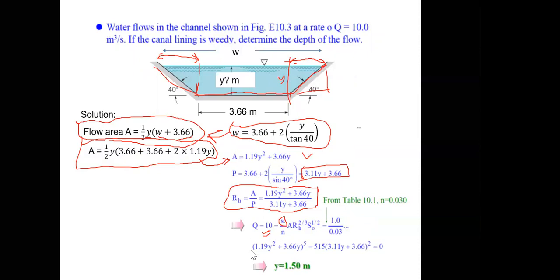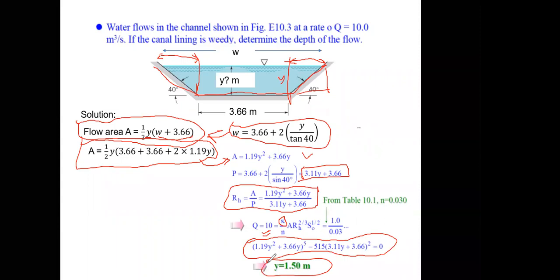And then you can solve for y, because if you plug in all the numbers, you end up with one variable, although in a polynomial equation like this one. But you can always solve it using a computer or calculator to get y equal to 1.5 meters.